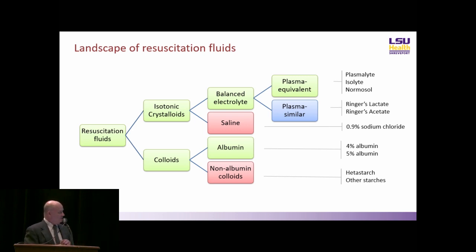Plasma similar are going to be your Ringer's solutions. They're close to plasma-like in terms of their composition, but not exactly. And then we have the colloids, 4 and 5% albumin, depending on which country you're in. And the non-albumin colloids, hetastarch is the one that had been used most in the US. I'm not going to discuss non-albumin colloids anymore.